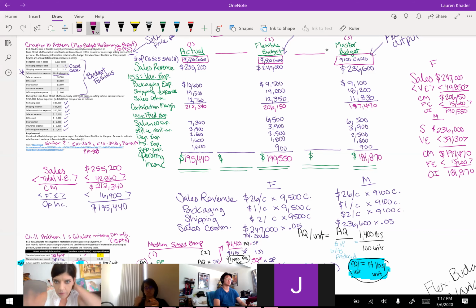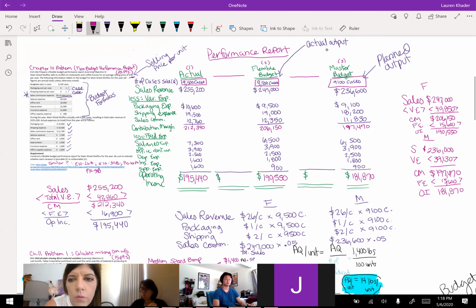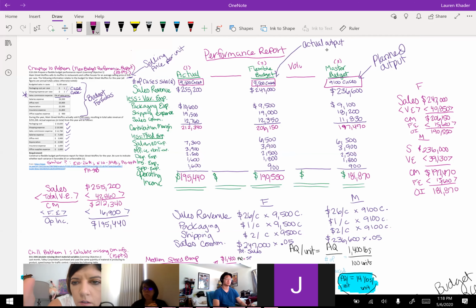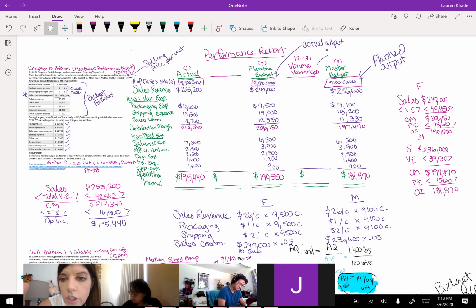Okay, now that you have that set up, you can calculate your variances. So we'll start with the volume variances. And that's absolute value of 2 minus 3, right? The volume variance is telling us just based on the change in activity level how much the variance overall for each line item is, just because the activity level that we planned for is different than the actual activity.